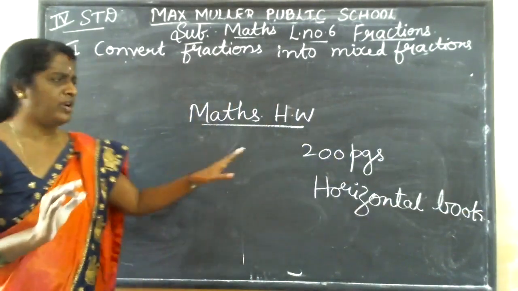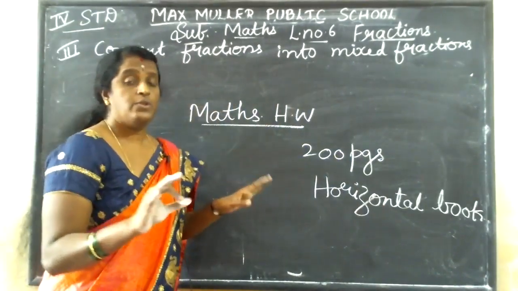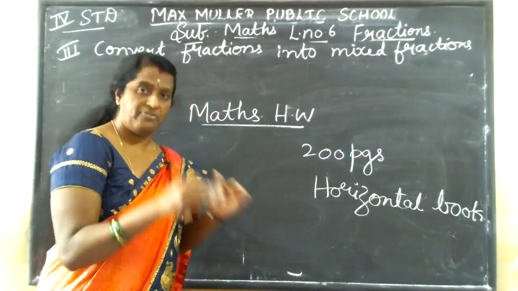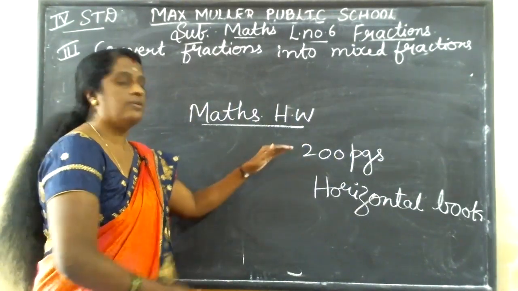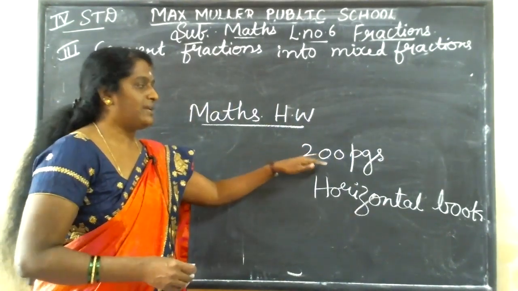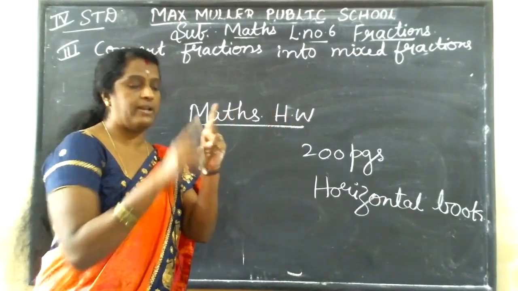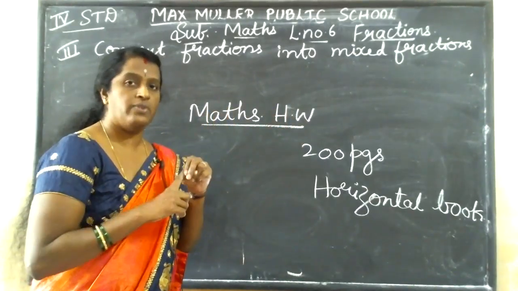Those who are writing in a 200 pages book, keep it. Those who took new admission after the exam, I think you got the books, take 200 pages. There will be 2 books, one for classwork, one for homework.